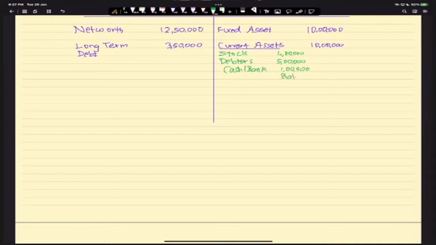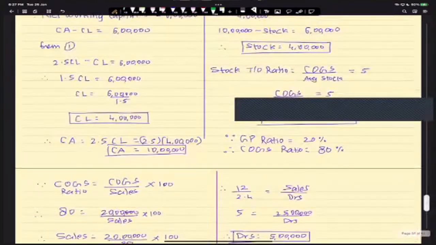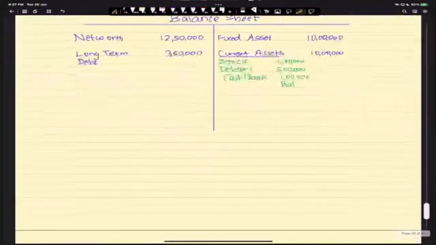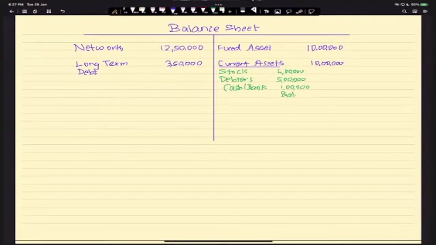Coming to the other side, if you look at the current liability, we just had a total current liability of 4 lakh. No further bifurcation or distribution about where this 4 lakh is coming from. So on the liability side, we have only one figure, current liability, and that current liability is 4 lakh.